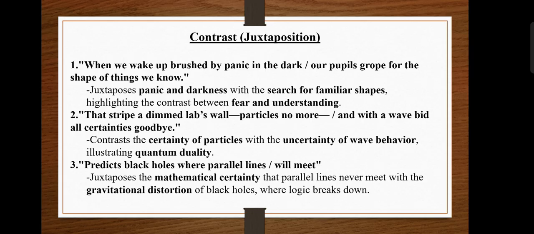But we have already studied that inside black holes all the rules and laws of physics will be distorted. So if parallel lines do not meet in the universe outside, inside the black hole the parallel lines can meet. There they are bringing up the juxtaposition of mathematical certainty and the nature of black holes.